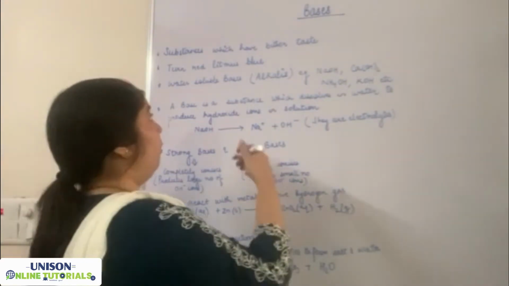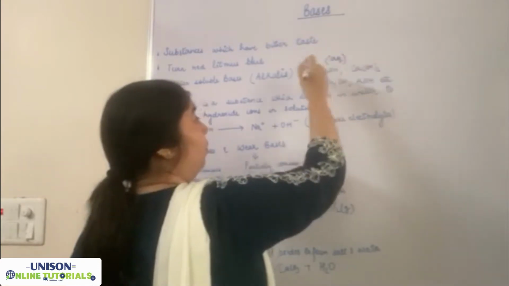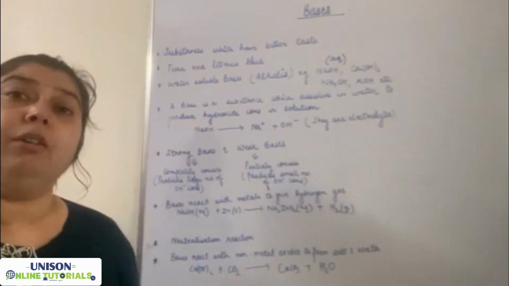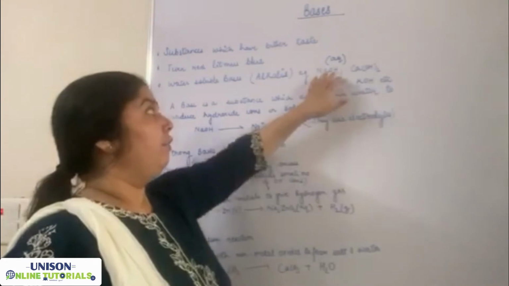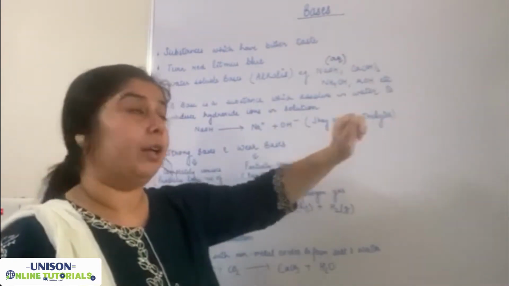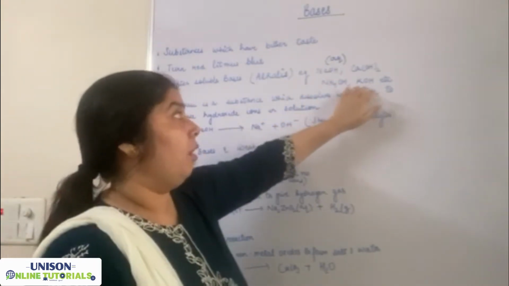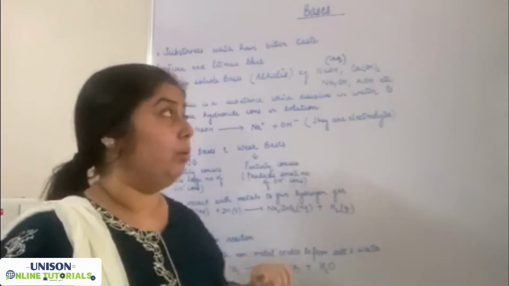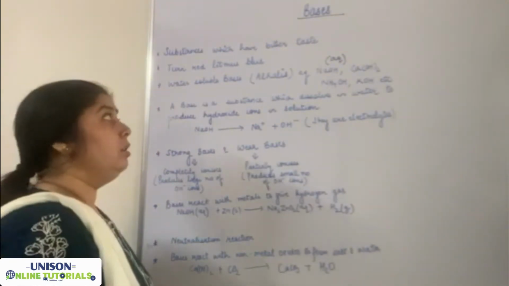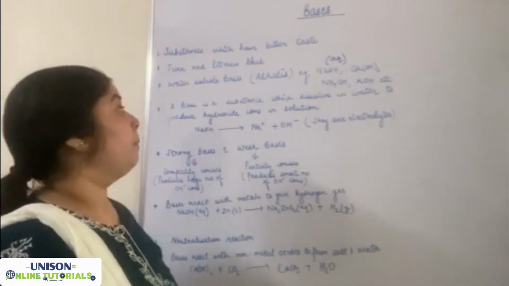When we talk about water soluble bases, we always write aqueous in brackets after the name of the base. So we have NaOH aqueous, calcium hydroxide in its aqueous form, ammonium hydroxide in its aqueous form, KOH in its aqueous form. So all the water soluble bases are called alkalis.